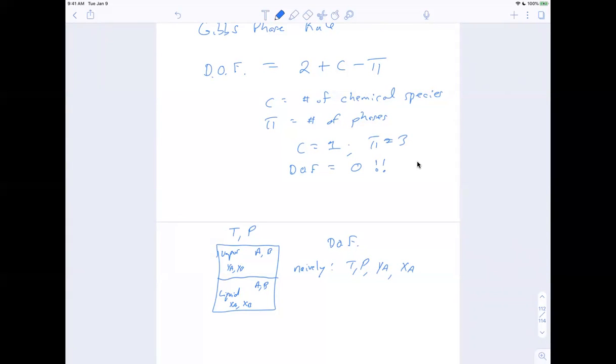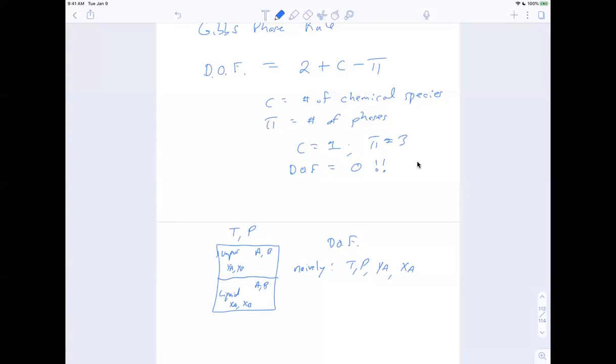So we don't really have to specify both. We can't specify them both. We don't have that degree of freedom. That's why it's only the mole fraction of one of the species in the system. And so naively, we might think that these are the kinds of variables that we could manipulate independently without them affecting anything. So I could specify temperature, pressure, and the mole fractions.